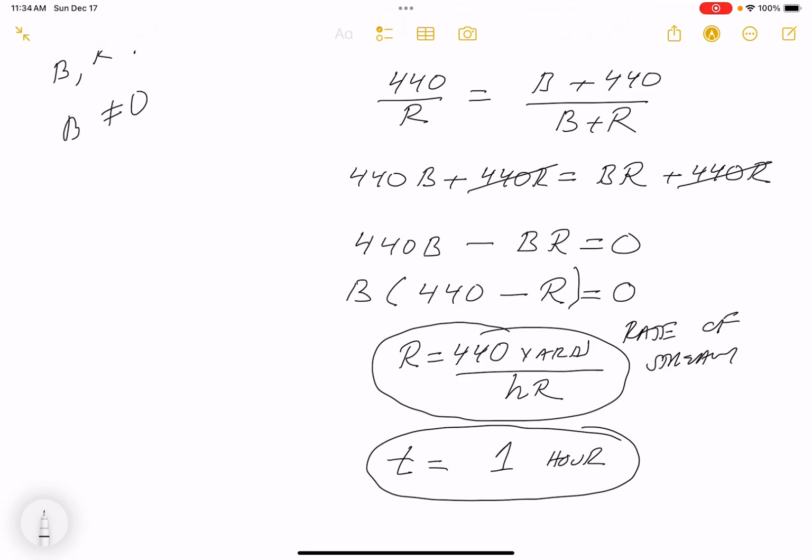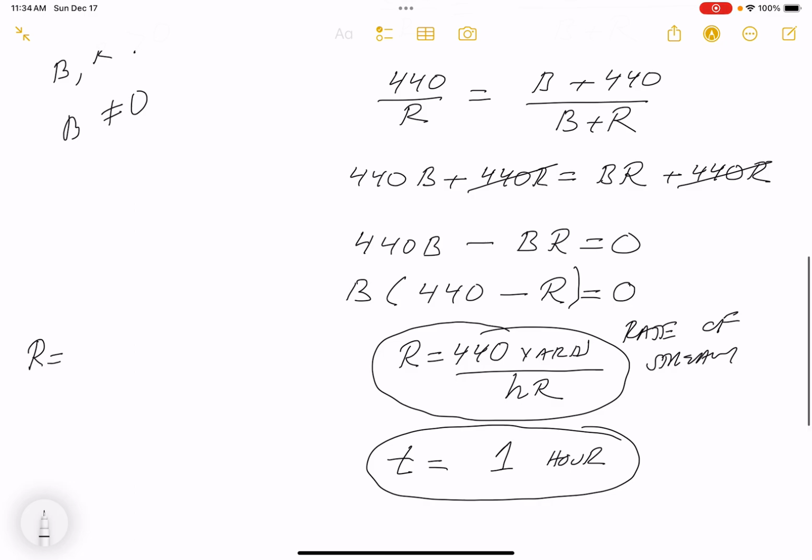When I write this up, I'm going to give you alternative ways of doing this, by the way. This is the way I like doing it, but I will give alternatives. The answer here, the rate of the river, is 440 yards per hour. If you're interested, that translates to a more reasonable number, and I'll point out how you do that.